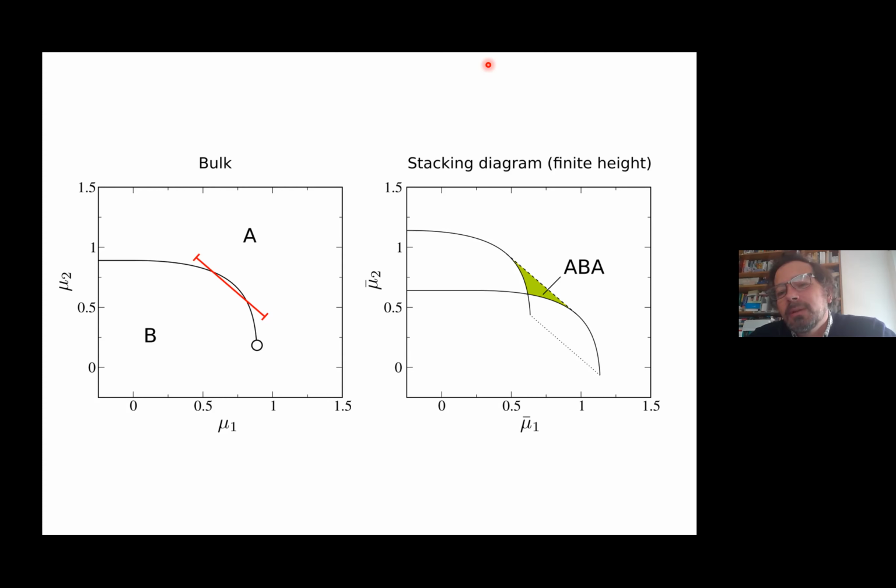One possibility, what I would do if I had to do something like this, is to use dynamical density functional theory or a power functional theory acting on the density functional that we use for bulk. So you can start with a homogeneous system with two densities, and then use dynamical density functional theory, or power functional if you want to go beyond the adiabatic approximation, to model the dynamics.